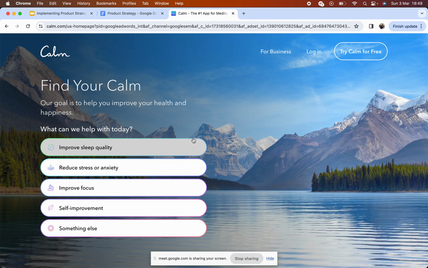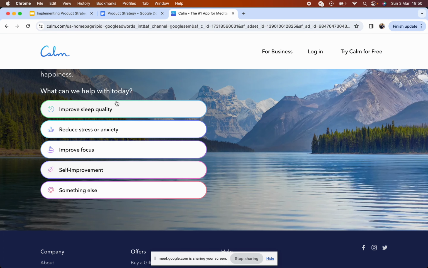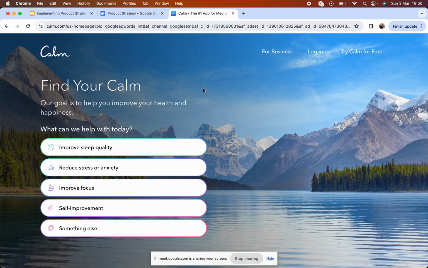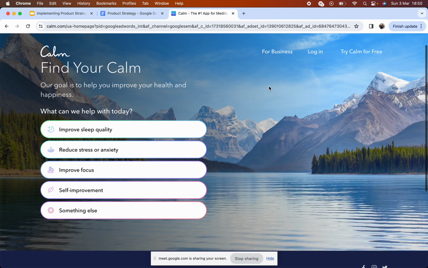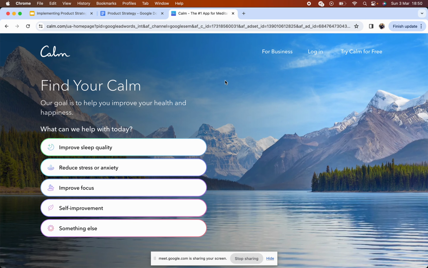Find your calm. So you can see here, that's the value proposition. But how do I know this is a value proposition? Because I have used Calm in the past, and Calm is not just for individuals. It's also for businesses. So businesses can buy subscriptions and give to their employees. So several value props within the platform itself, and they have several product teams.